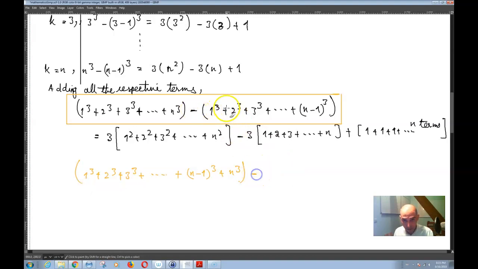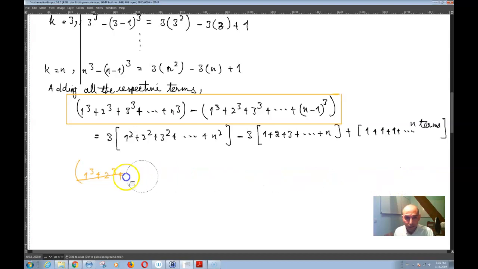And then I can write this as it is, minus (1 cube plus 2 cube plus 3 cube plus all the way up to n minus 1 whole cube). Now you can see that all of these are negative terms, the same terms as these terms, so you can cancel all of these negative terms with all of these positive terms. You will be left with an n cube.